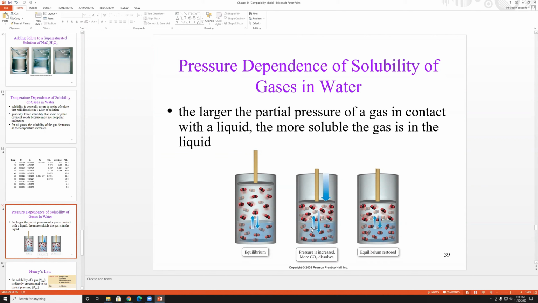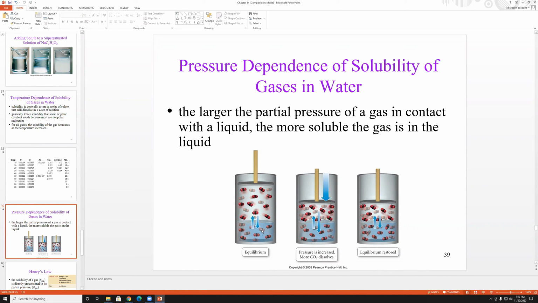Why does that happen? Because you have a pressurized headspace. This headspace right here, that's the air above the liquid, is pressurized. This pressure is keeping the gas molecules, or the CO2 in the carbonation, solubilized in the liquid. So for any carbonated beverage, you have dissolved CO2 in liquid.